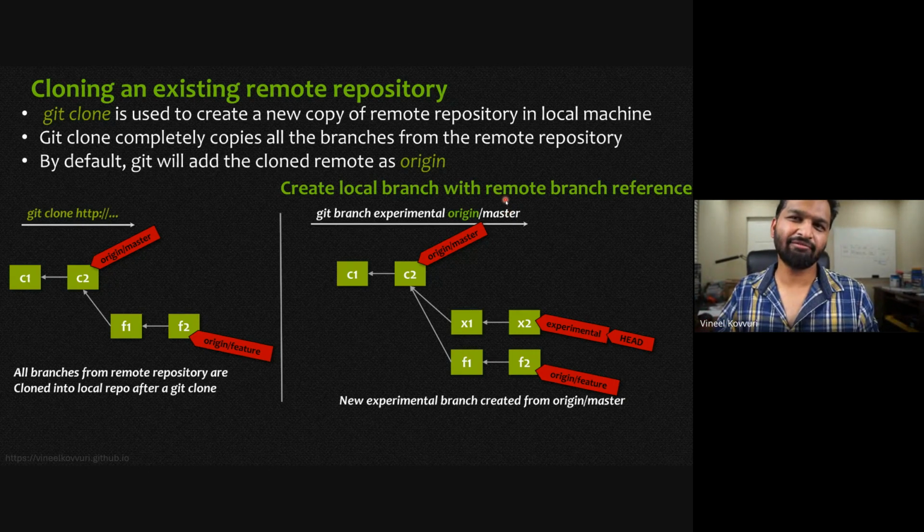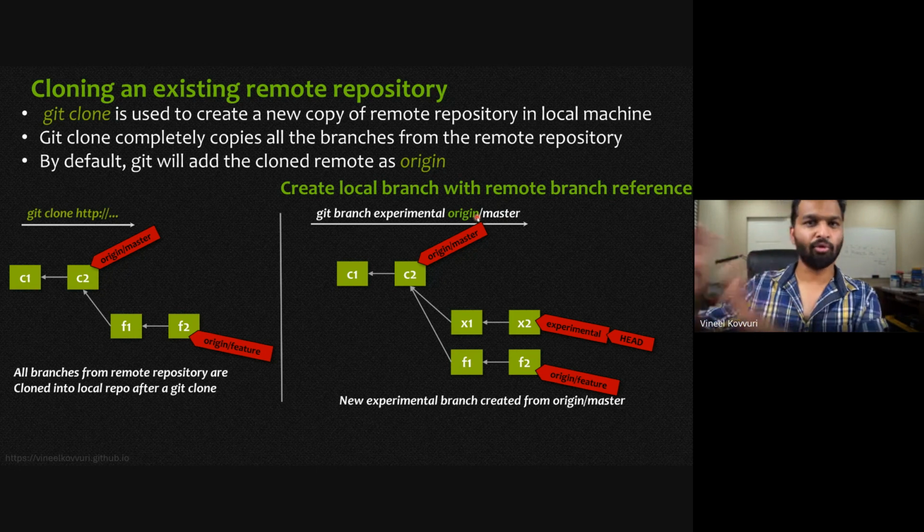So every time I refer to origin/, don't think that I'm actually going to the internet or to GitHub and downloading anything. No. Like I said, checkout, branch, all of these are offline-only commands. They don't require an internet connection. So clone is the command which requires an internet connection because it has to download the code base, and also push is the command which requires an internet connection in order to upload the source code. Okay, so just keep that in mind.